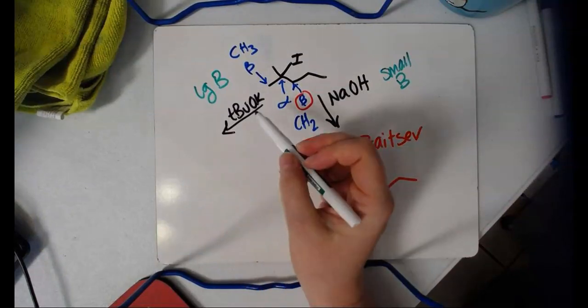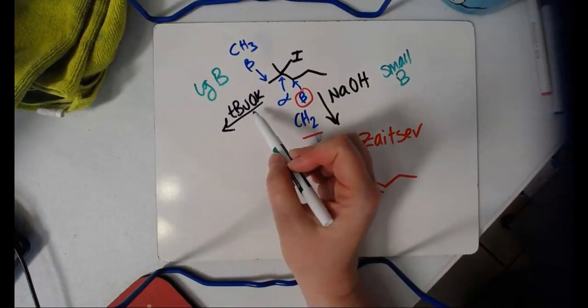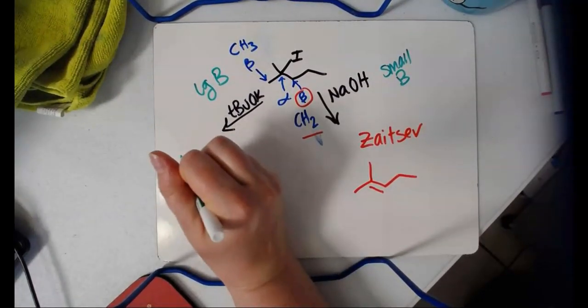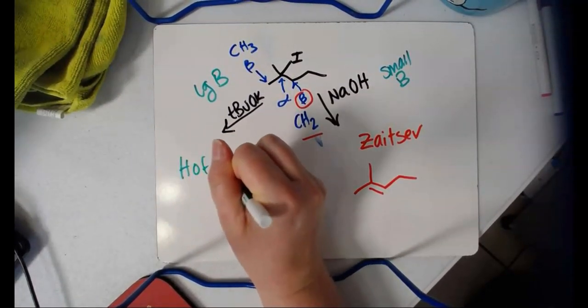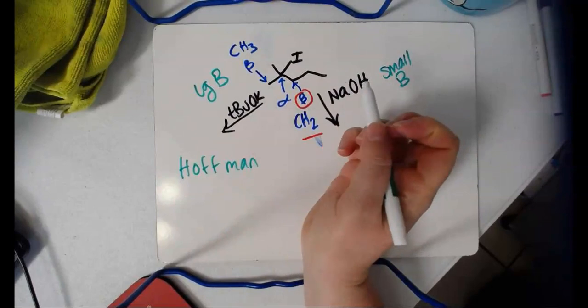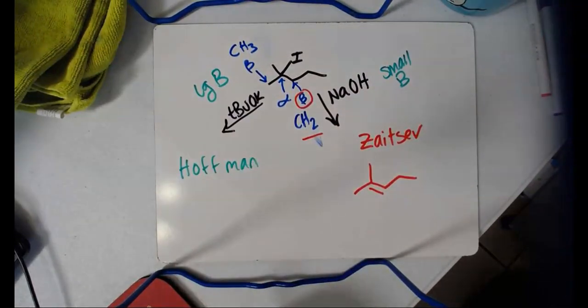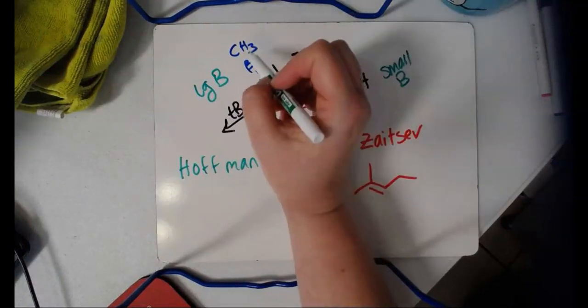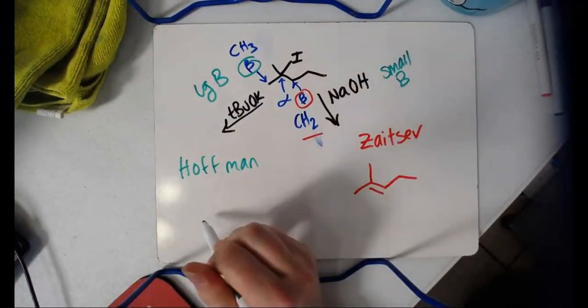On the other side, we're using a bulky base, and so my major product is going to be my Hofmann product. That means I want to remove a hydrogen from the side that is less sterically hindered, or another way to think of that is we're going to remove a hydrogen from the side with more hydrogens.